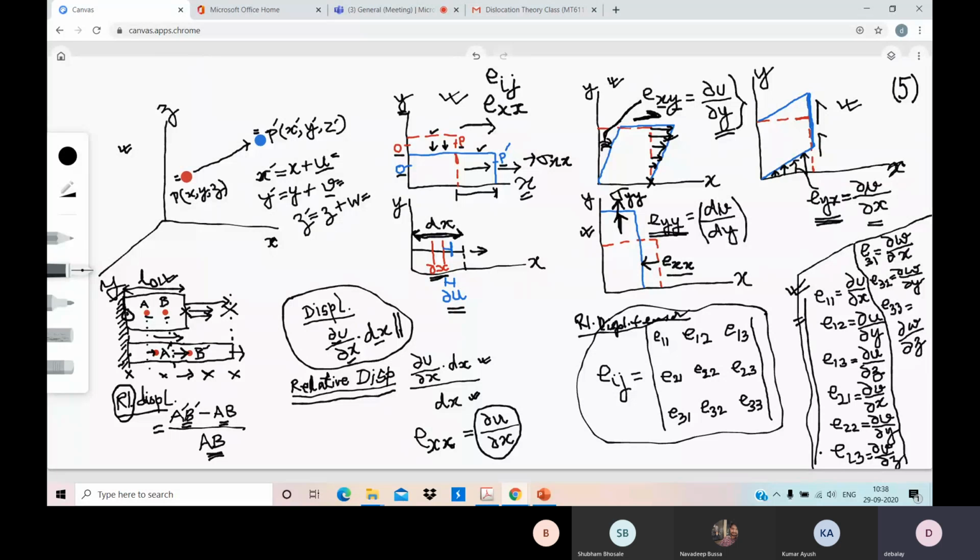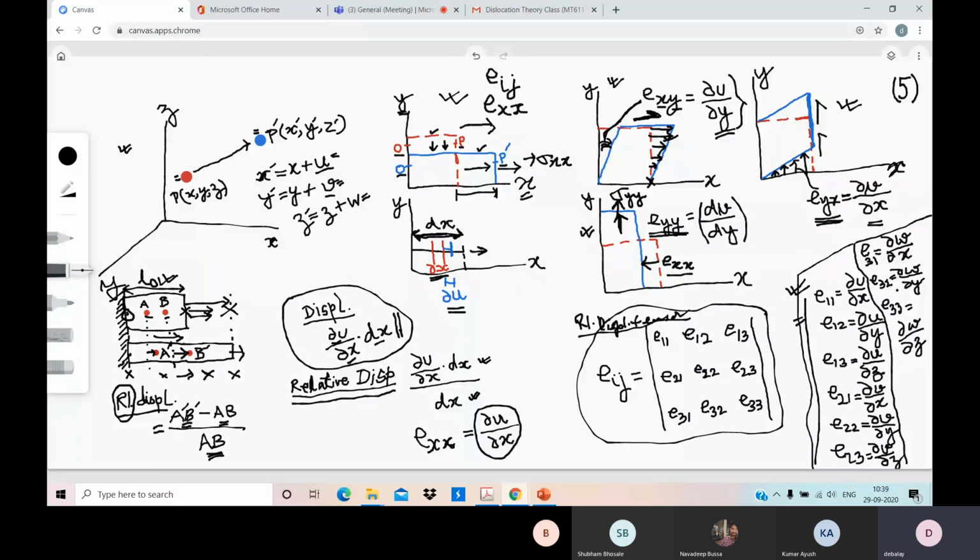That means E11 equal to del U del X. E12 is del U del Y. E13 is del U del Z. E21, whenever you think 2 means V is the displacement along Y, so del V, and then 1 proportional to X, so del V del X. E23 means del V del Y, and so on and so forth.